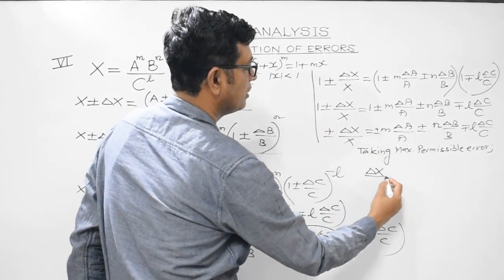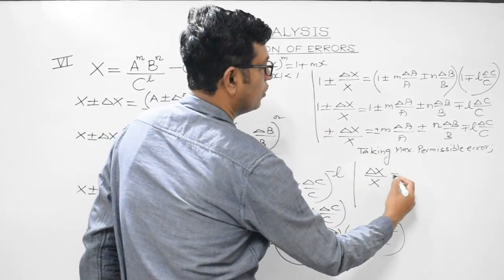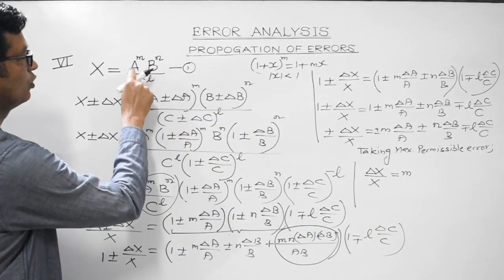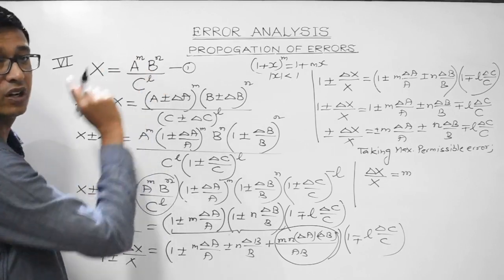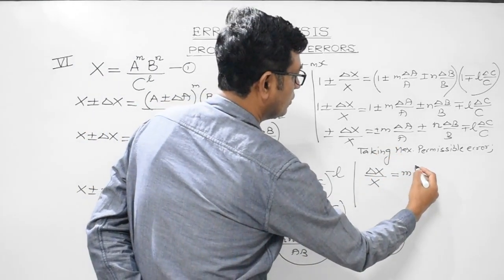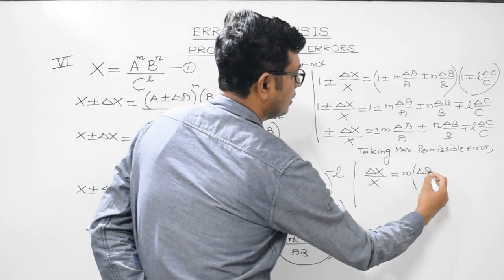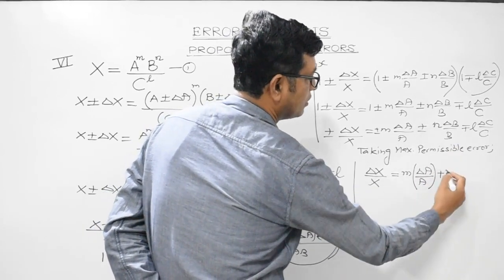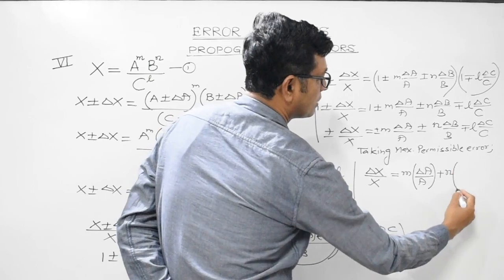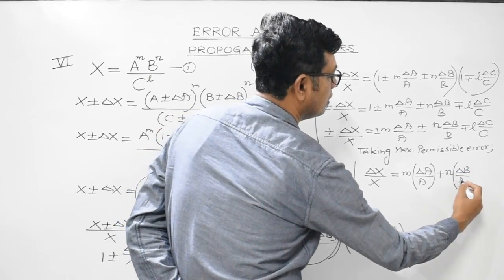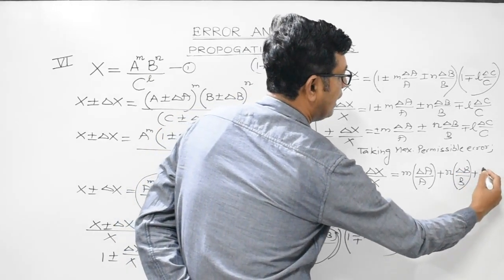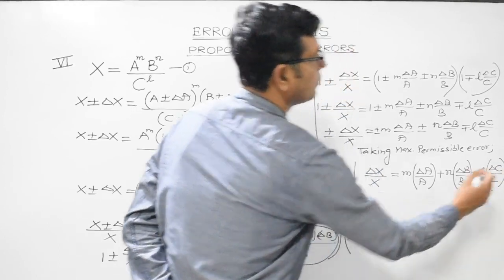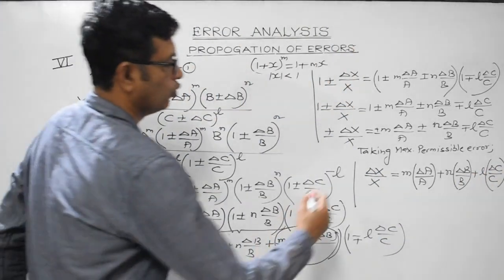Maximum absolute error in the result. It is equal to a to the power m. So whatever is the power of this measured quantity a, that m times the maximum relative error in a plus n times, n is the power of b, the maximum relative error in b plus l times the maximum relative error in c. So this is the conclusion.